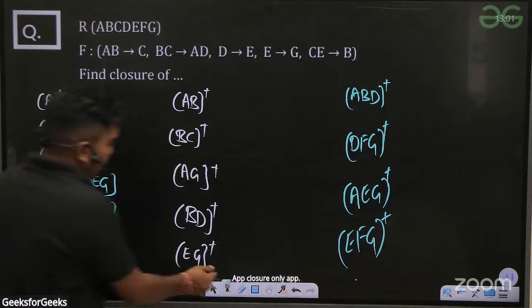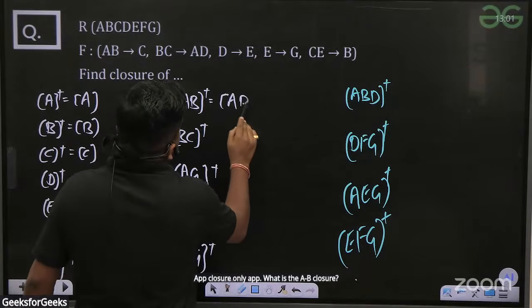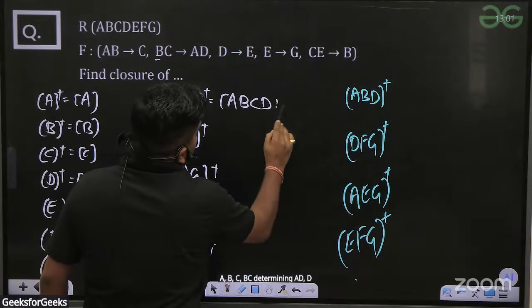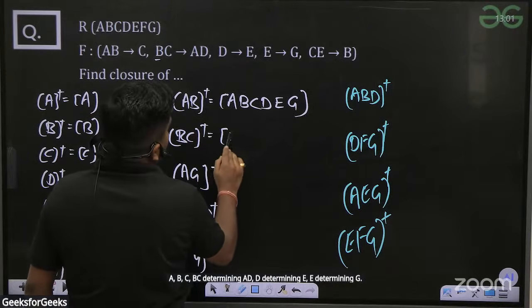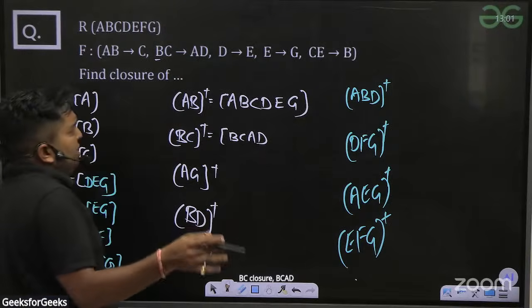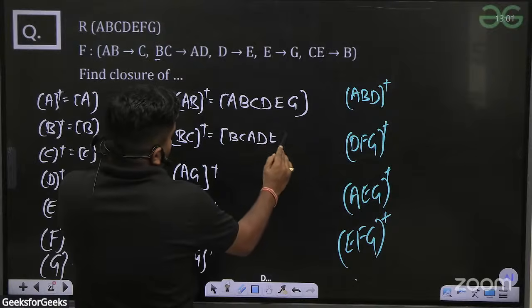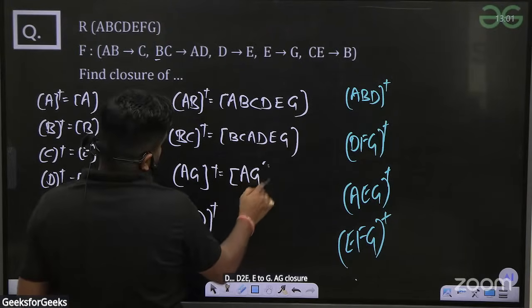What is the AB closure? A, B, C, BC determining AD, D determining E, E determining G. BC closure: B, C, A, D, then D to E, E to G. AG closure only AG.